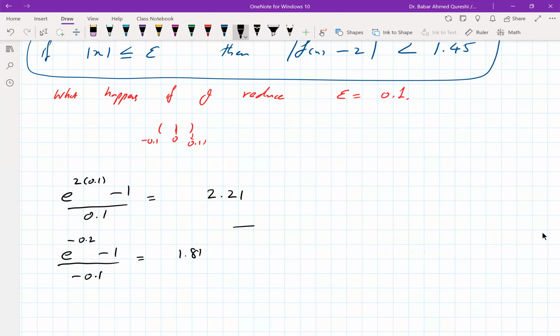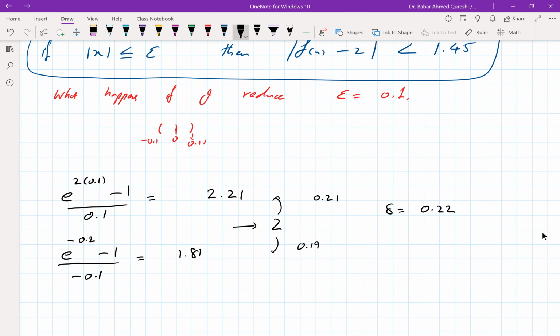And my limit is at 2. So this is above by 0.21 and this is below by 0.19. So I can choose delta to be 0.22 and it covers both.